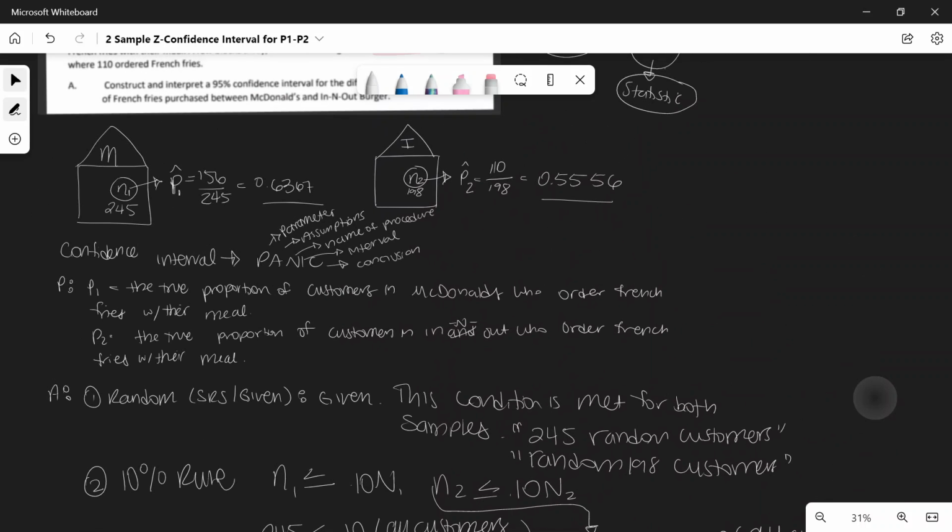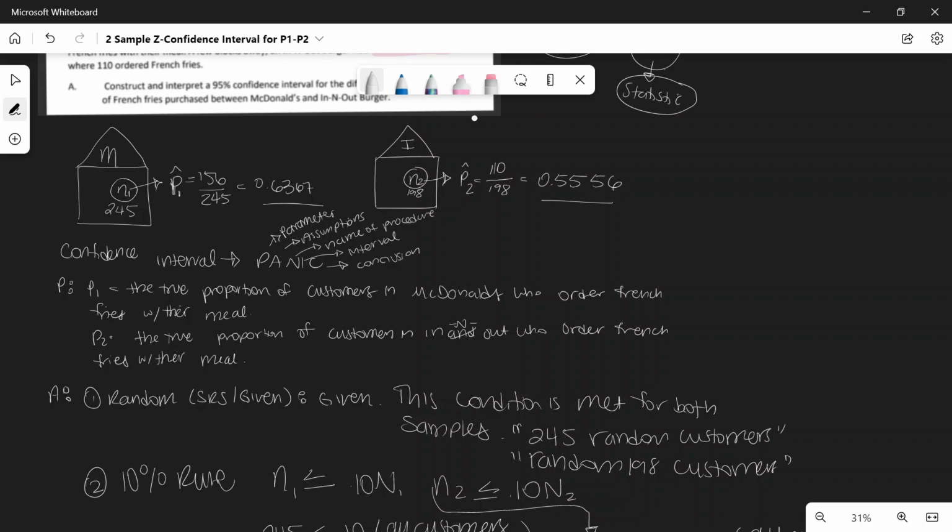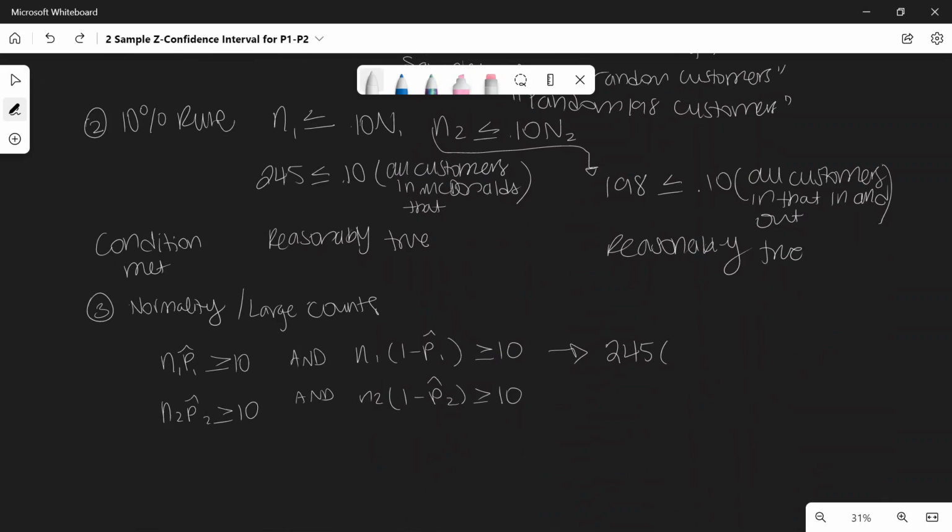By the way, our equation to find the proportion from a sample, also known as your point estimate, is p-hat equals X over N. So it's however many out of your sample size did whatever, like however many customers in McDonald's ordered fries with their meal. That's X. So for McDonald's, it's 156 over 245. So that's how we got that.